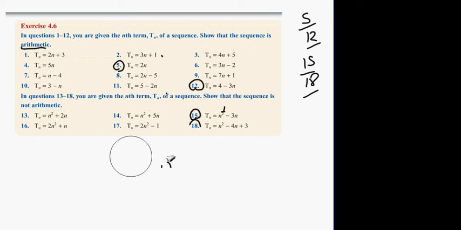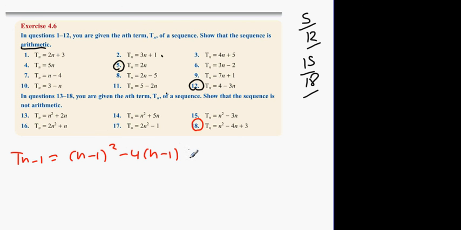Now in question 18, what we're going to have is T of n minus 1. It's going to be n minus 1 squared minus 4 times n minus 1 plus 3. We're going to get n squared minus 2n plus 1 minus 4n plus 4 plus 3.